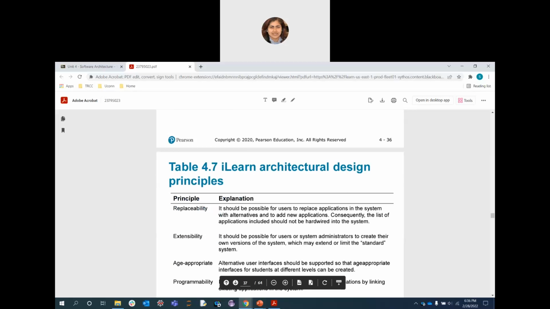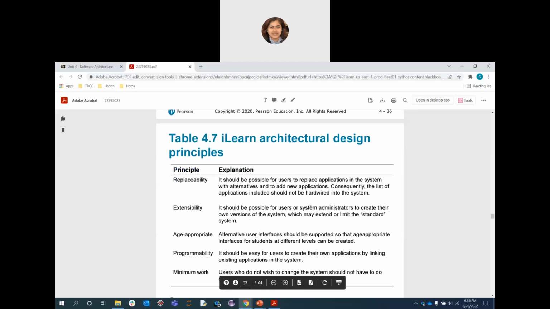Now, in this example, if you remember in the last class, we saw an example about the iLearn for different persons. We saw the user stories, if you remember, you could relate. So that iLearn architectural design is explained here, looked into its own aspects. Some explanation is given. Let me go into it.